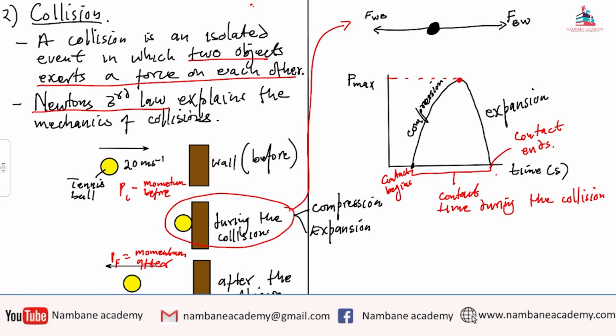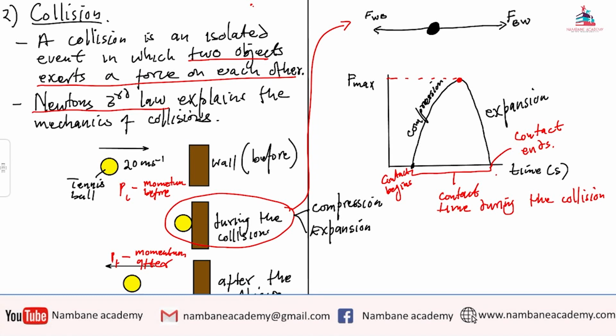Why? Because now I have two different scenarios that are taking place. Scenario number one, the object approaching the wall. Number two, the object moving away from the wall. But there's this part of the collision, during, and it is explained by Newton's third law. The graph, ladies and gentlemen, is very, very important.